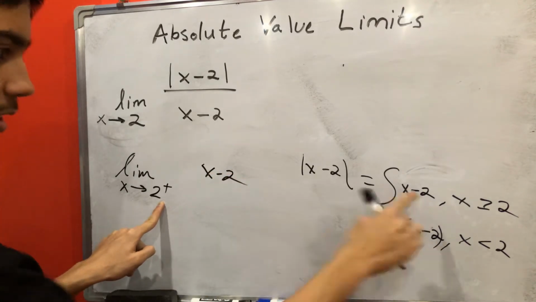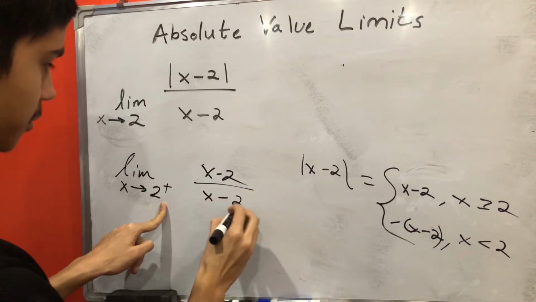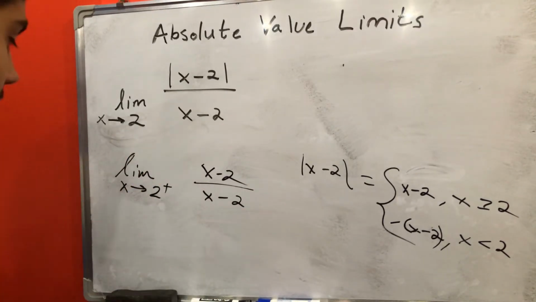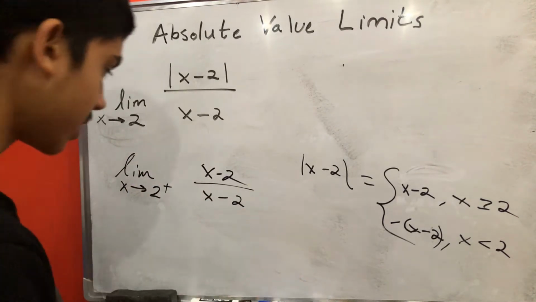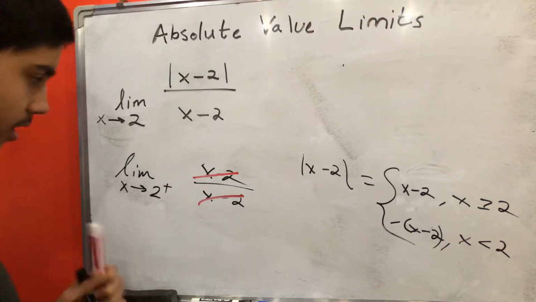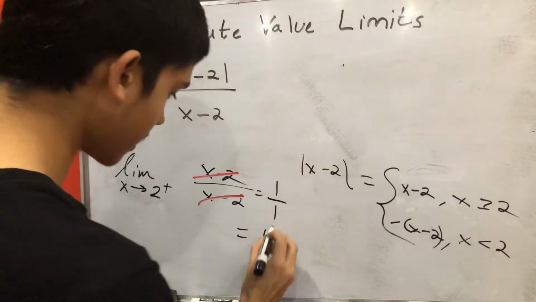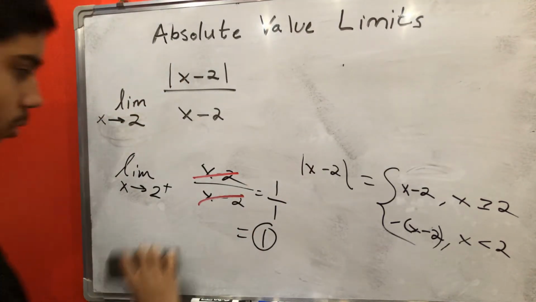No more absolute value because we've evaluated it. And then this guy becomes x minus 2 over x minus 2. We just keep the denominator. And when we evaluate this guy, you see we can just cancel out the numerator and denominator, and they will just become 1 over 1. And that's just 1. So the limit from the right is going to be 1.